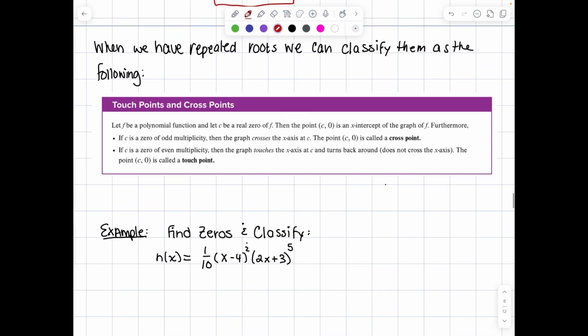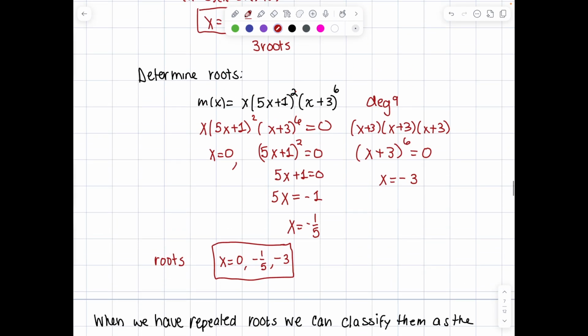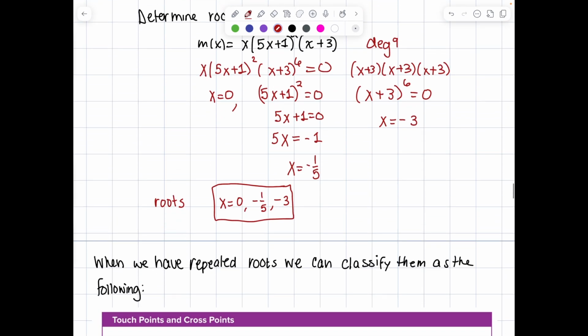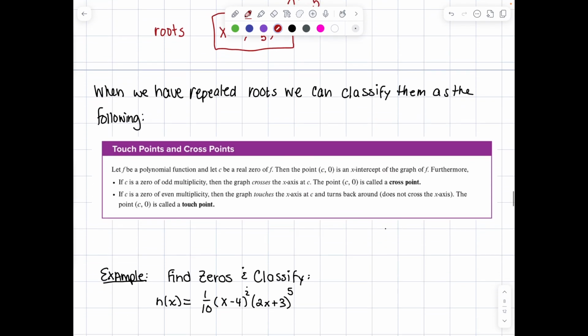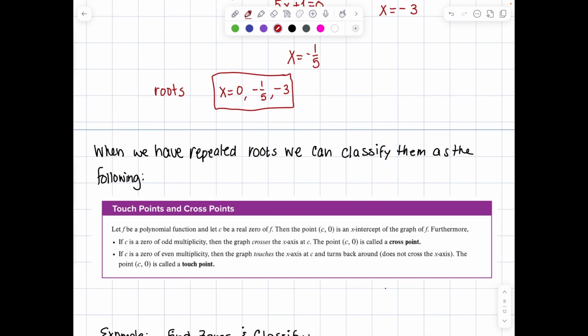That's what that means. If the root has an odd multiplicity, and technically we only had one, x equaling 0, that would mean that the graph crosses there. Think about x to the third: it crosses the x-axis. It's an odd power.